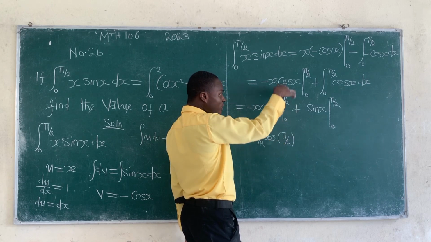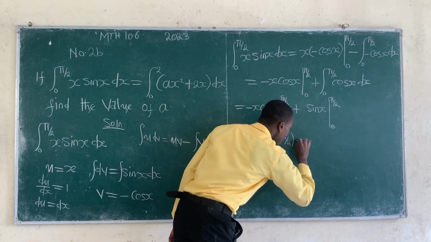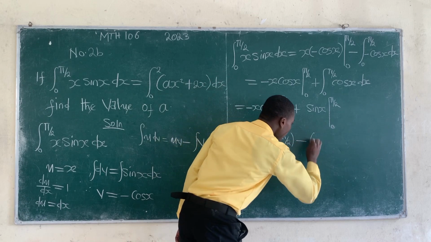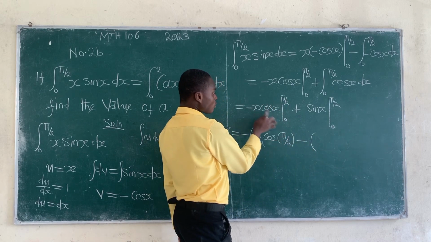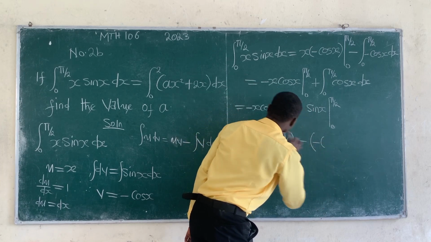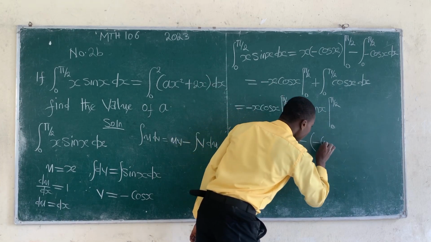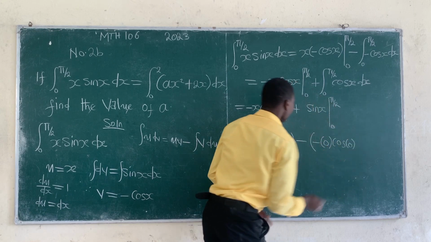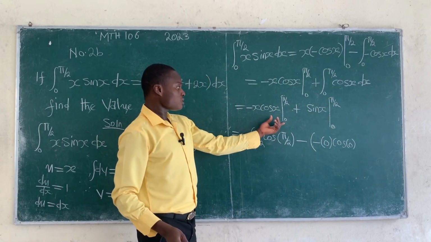So we want to evaluate this interval, so we have to attach minus there. Then you open your bracket. In place of x, you substitute 0. So we have minus first here, then into cos 0. So we just evaluate this given function.